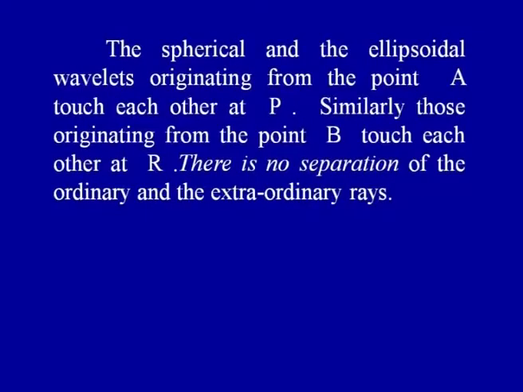The spherical and the ellipsoidal wavelets originating from the point A touch each other at P. Similarly, those originating from the point B touch each other at R. There is no separation of the ordinary and the extraordinary rays.